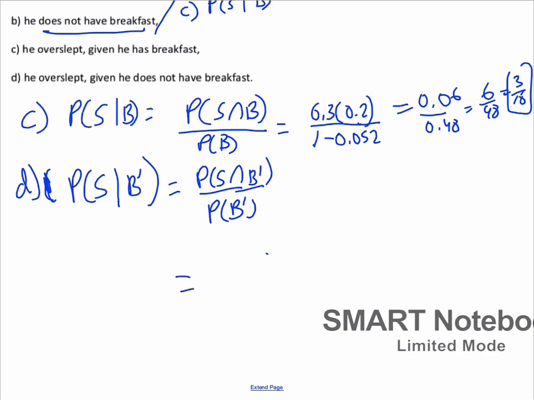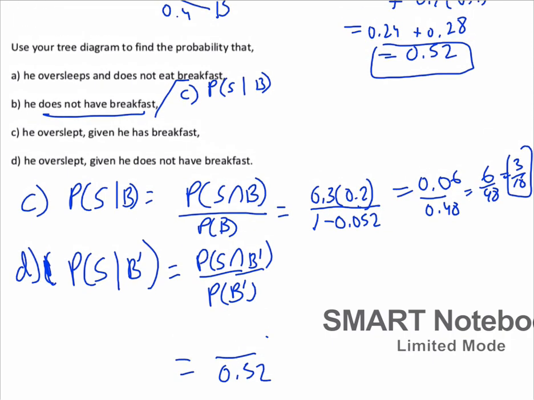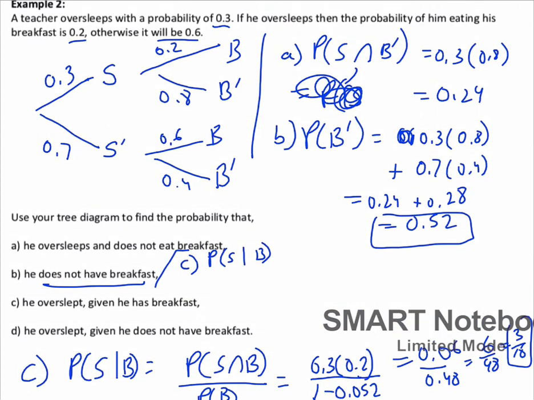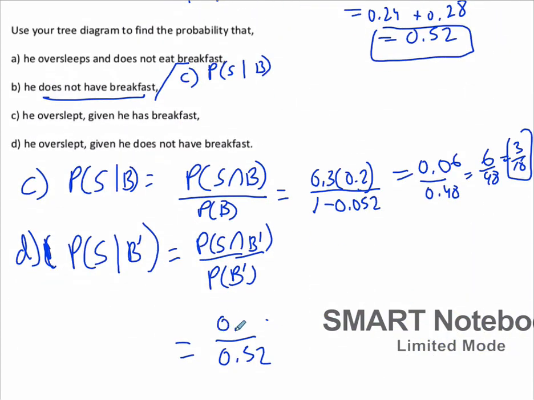So your denominator is actually 0.52. We did that one earlier. And oversleeps and does not have breakfast is your answer from part A, which is 0.24, which is going to be 24 out of 52, which equals 6 out of 13.